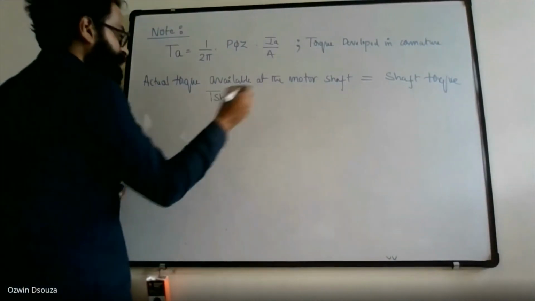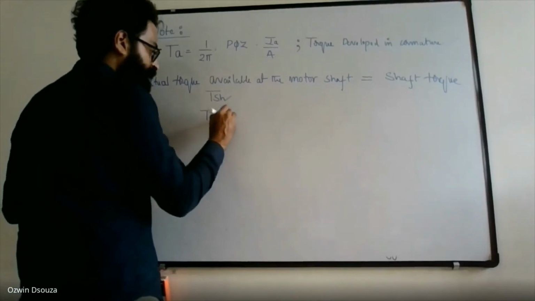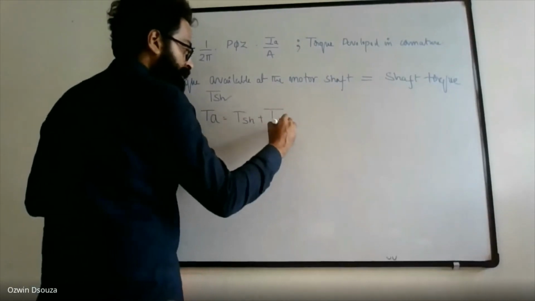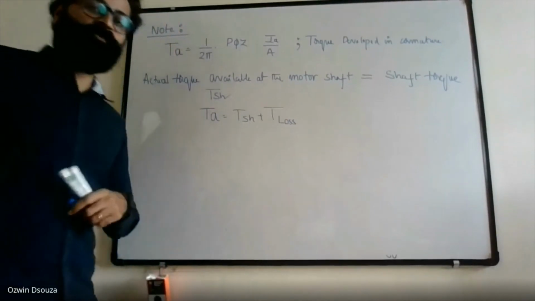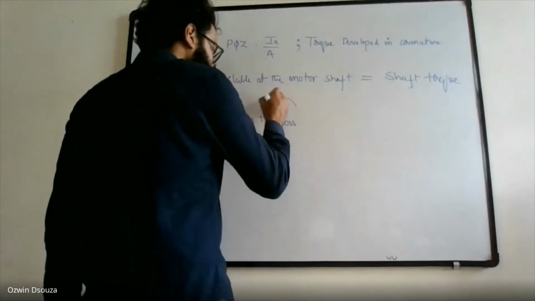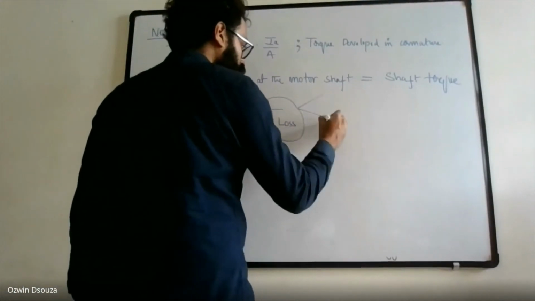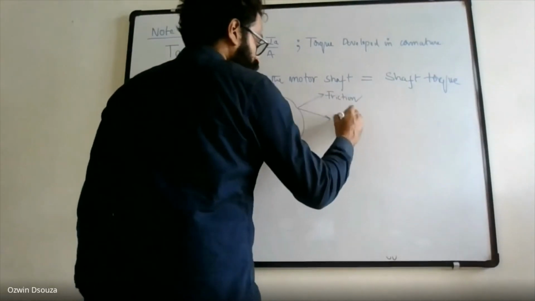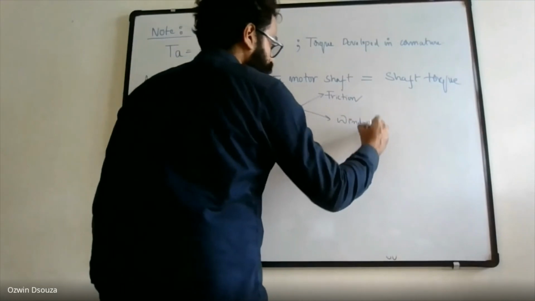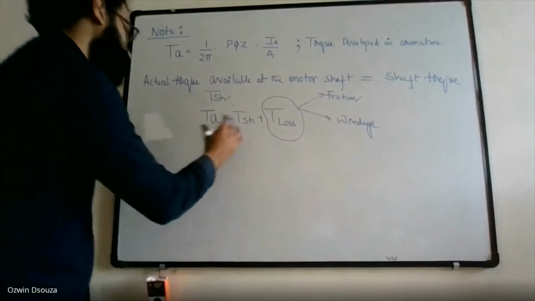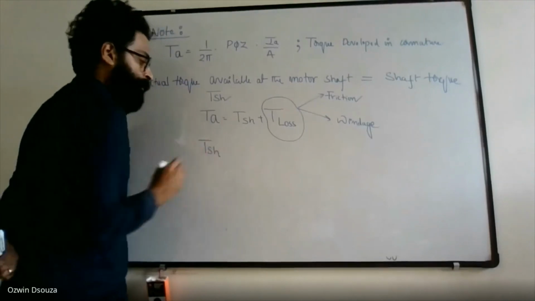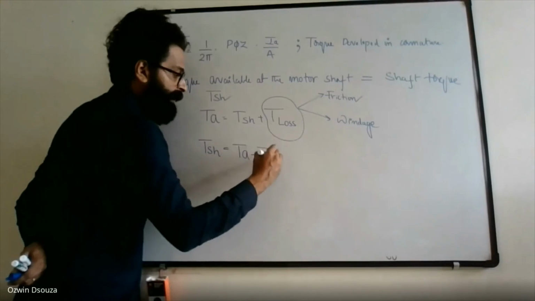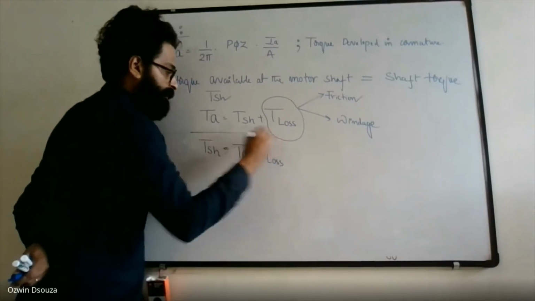So basically, your armature torque is equal to shaft torque plus loss torque. So this loss torque is due to two components: friction and windage. So the actual torque which is available at the motor shaft, which is called shaft torque, is nothing but armature torque minus the loss torque.